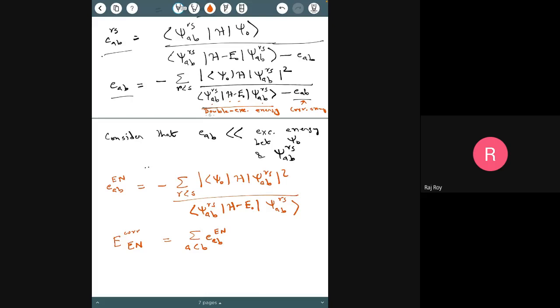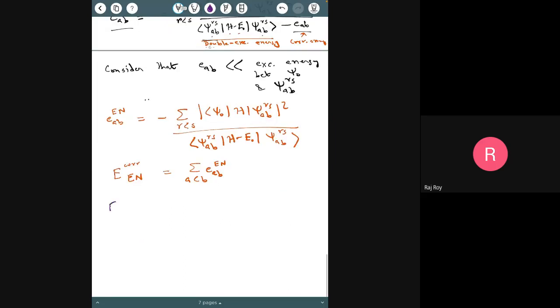Okay. So some further approximation you can make over here is on this quantity. So, more approximation. Furthermore, I can approximate this excitation energy at the Hartree-Fock level.